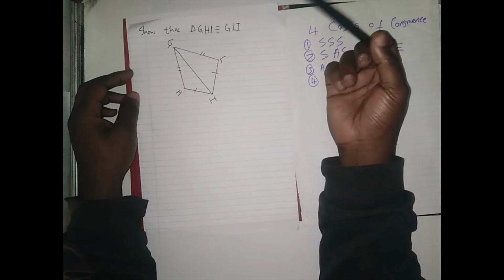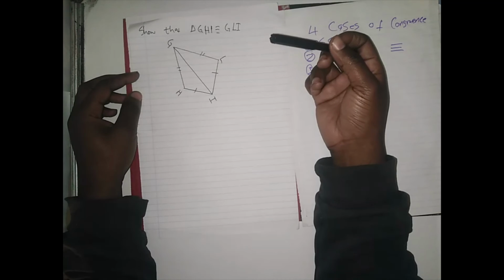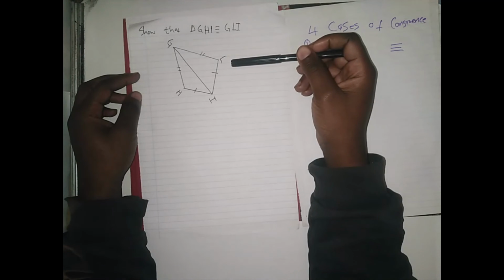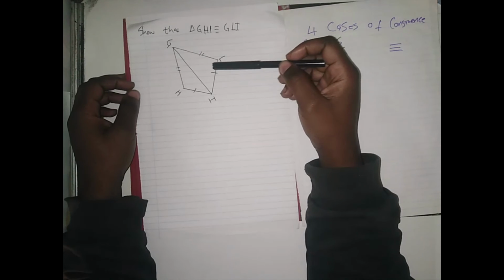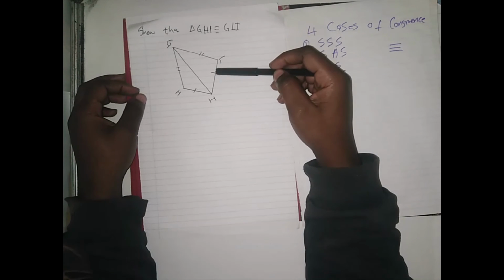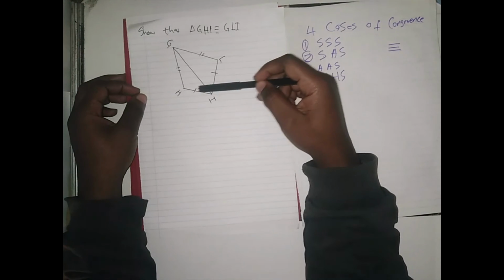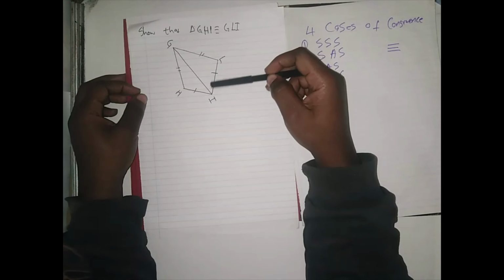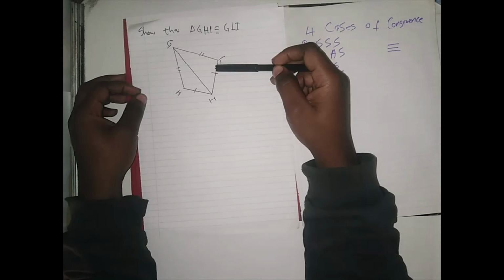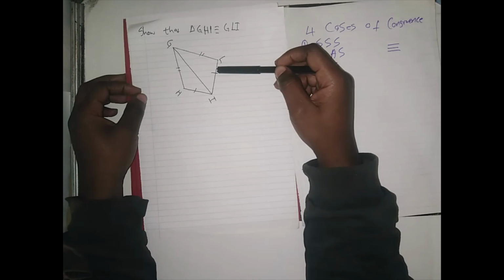Okay, so you will come across these cases when you are dealing with congruence. Now I want you to be very careful of this. Here explicitly you are told that this side is equal to this side. Now this side does not look like it's equal to this side, but you are told that it's equal. Now what is it that causes sides to be declared as equal whereas they do not look equal?